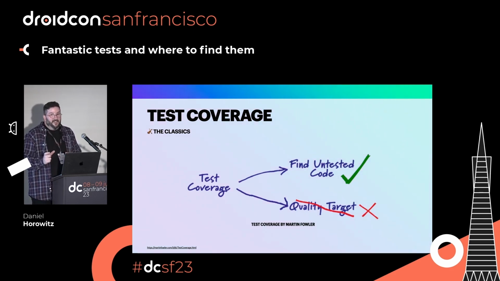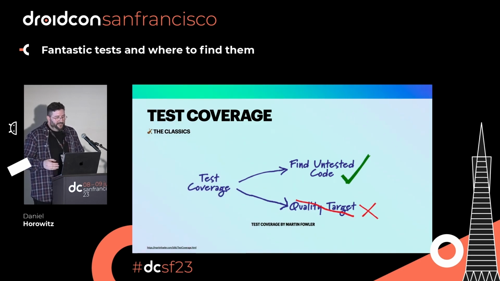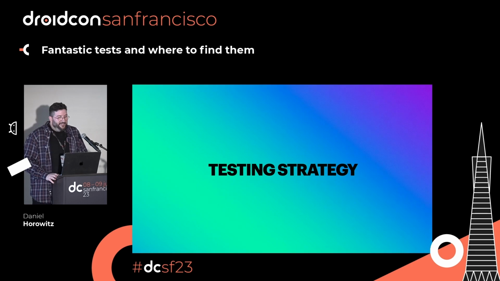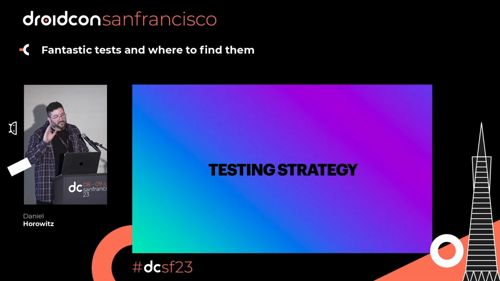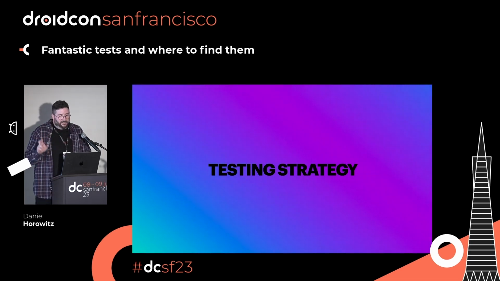Once you do that, you can actually start the conversation, okay, do I have a good test suite or not. But if you don't know what code is untested, then you don't have a seat at the table, at least in my opinion. So let's go through some testing strategies and how to apply all of those concepts to a real-world application.